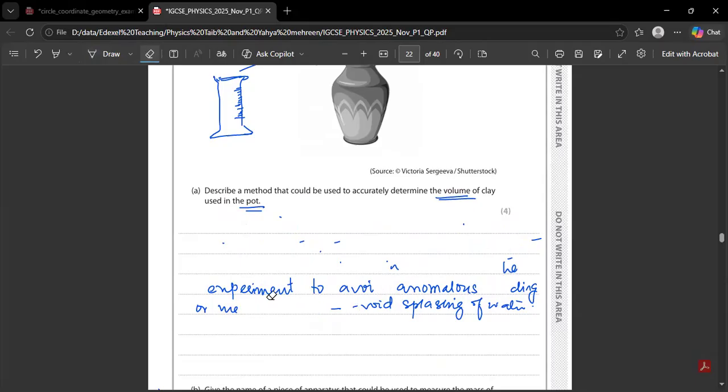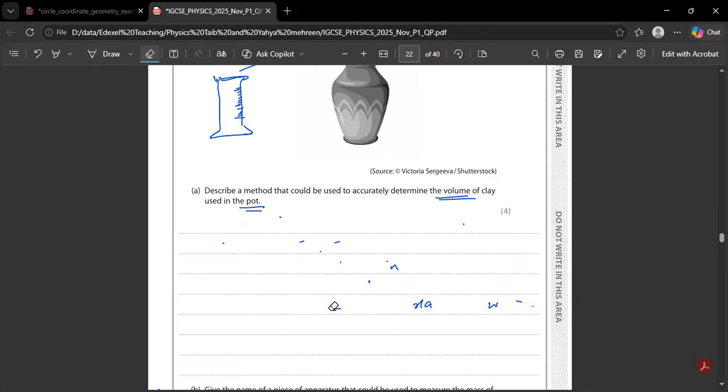We will take the volume in a container known as a Eureka can, right? Have you ever seen the Eureka can? It's a can where you can fill the water, fill the liquid, right?